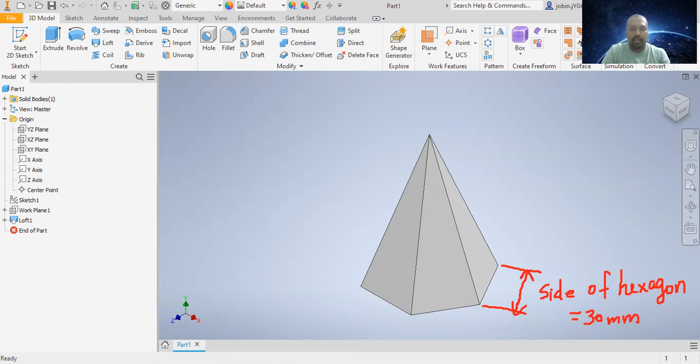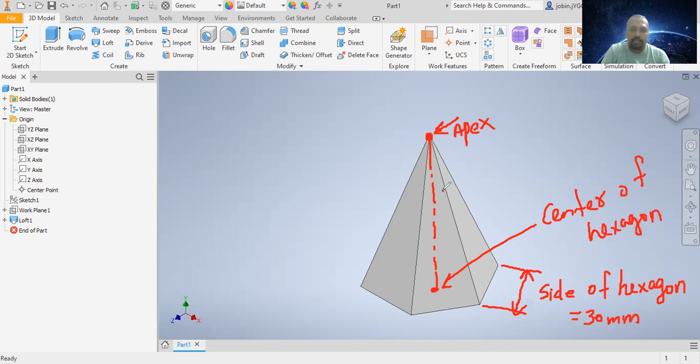And the axis means the line connecting this apex, so this point is called the apex, and the center of this hexagon. This point is the center of the hexagon.